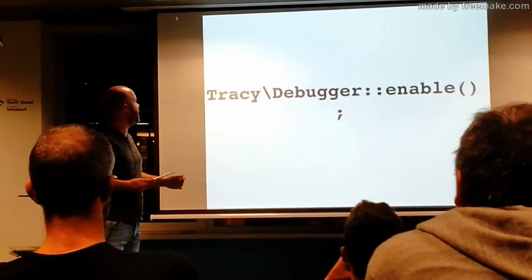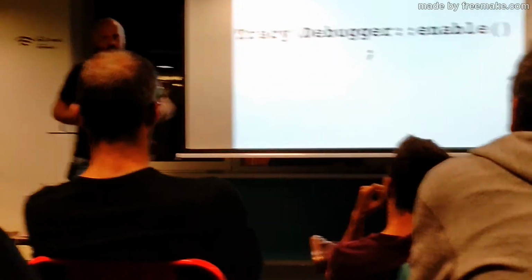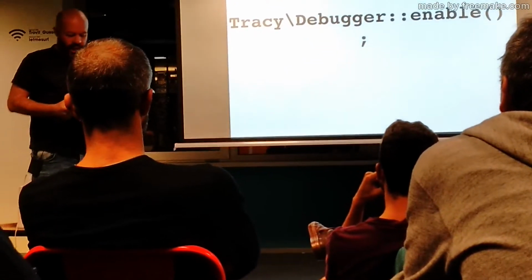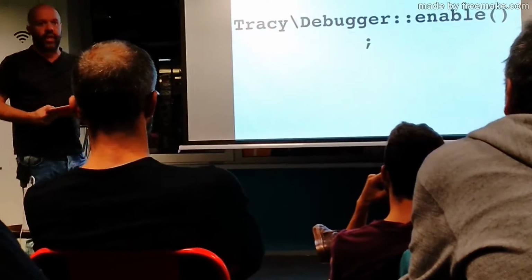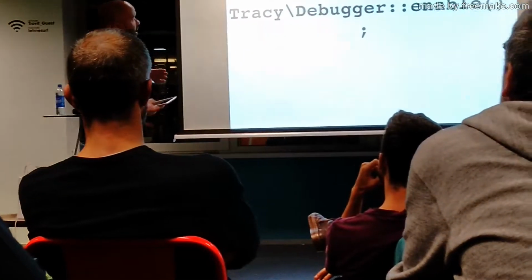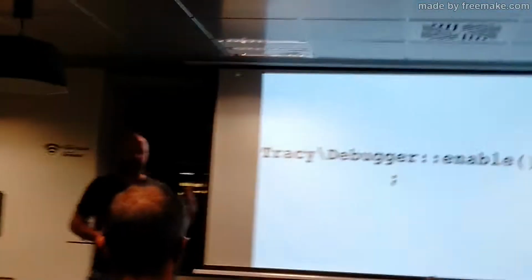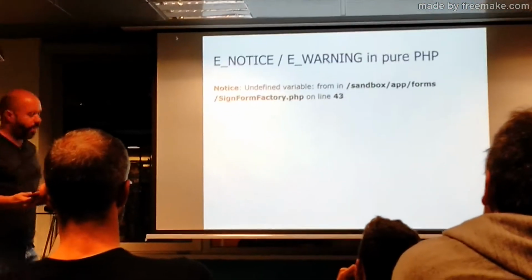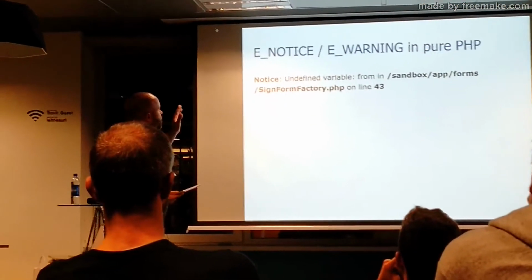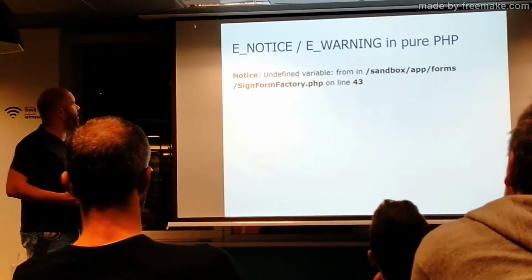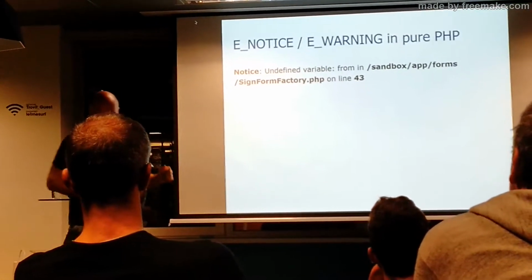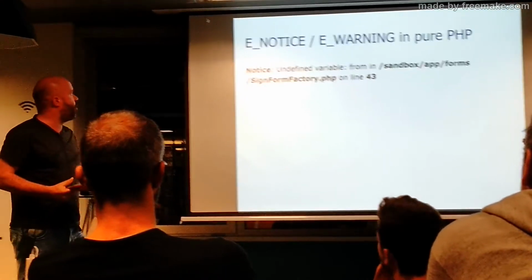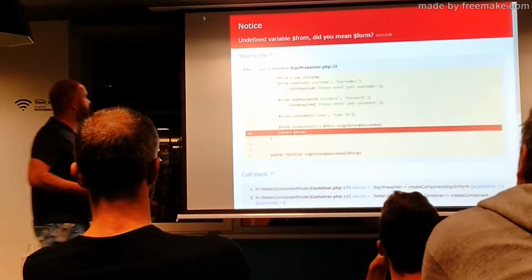It's really easy. Tracy debugger you can enable, and now all errors and uncaught exceptions will be handled by Tracy. So we look at the previous error, undefined variable from, and this is the same error handled by Tracy.